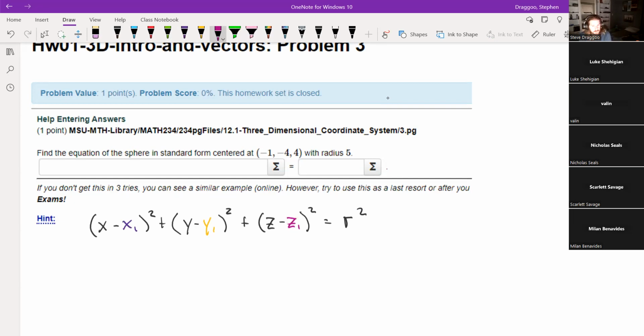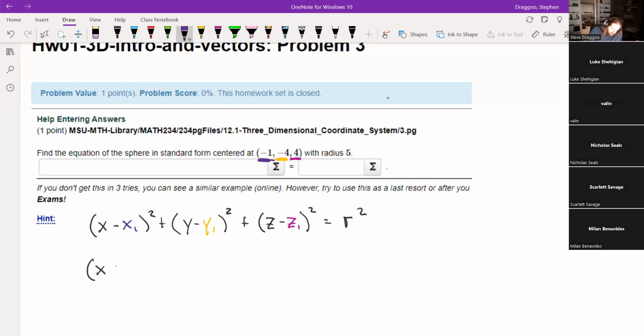So all of those values are numbers, whereas X, Y, and Z, without the subscript, are going to be the variables X, Y, and Z. So all we've got to do is plug in numbers for X1, Y1, and Z1, and then also a value for R. Specifically in this equation for the sphere, it is the center that's represented by X1, Y1, Z1. And the question was kind enough to just tell us what our center is, (-1, -4, 4). So all we've got to do is plug those numbers in.